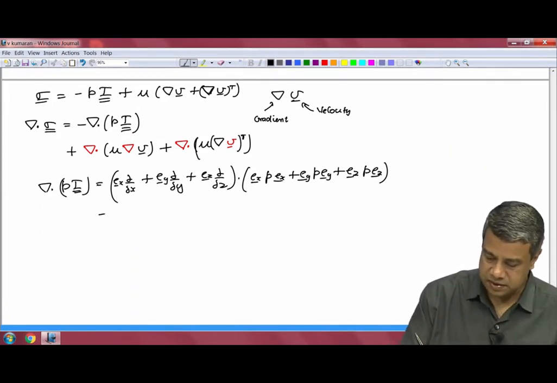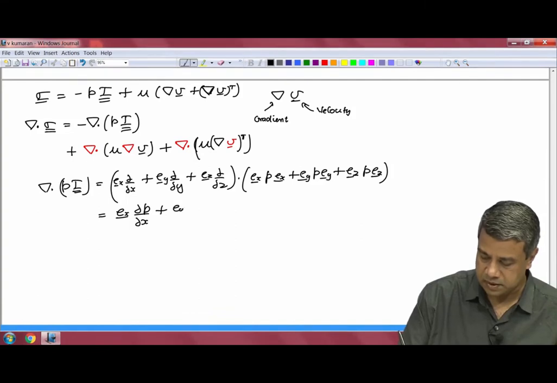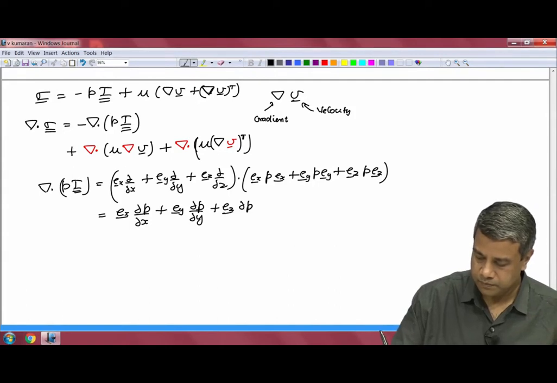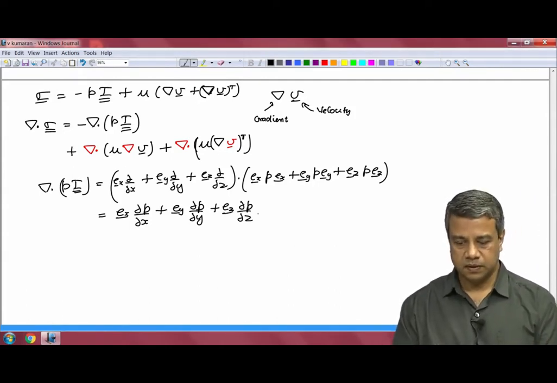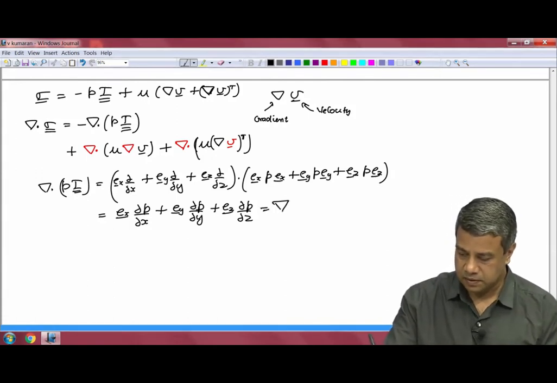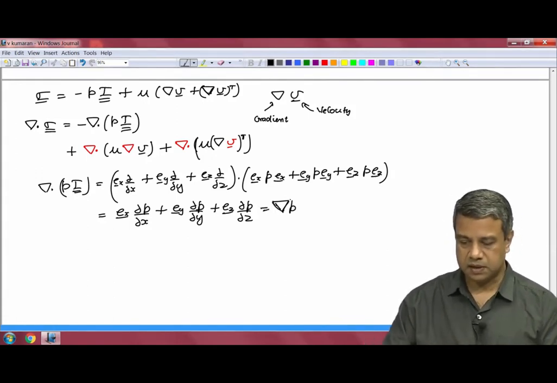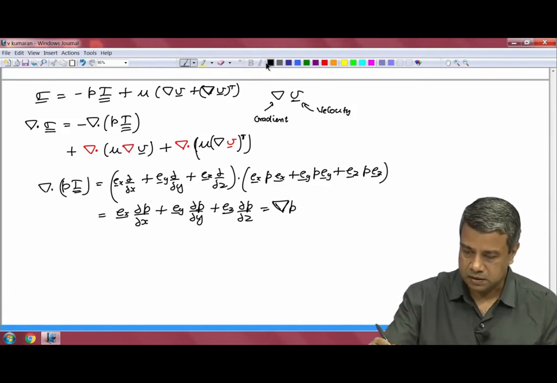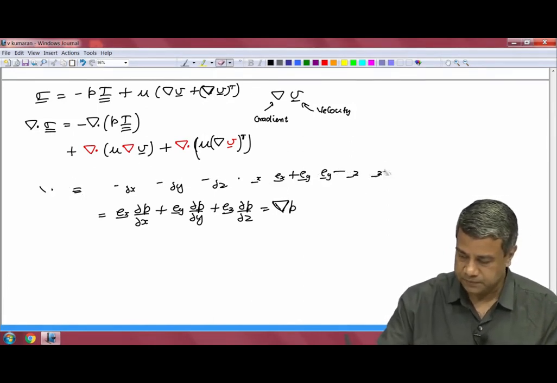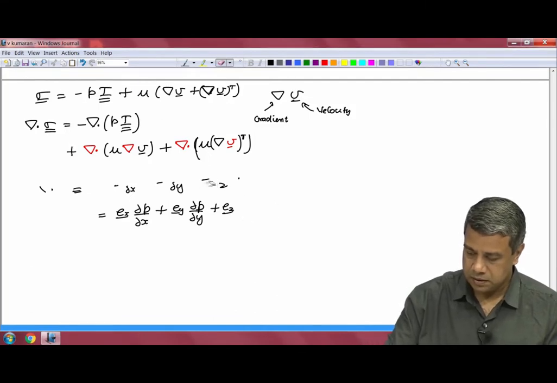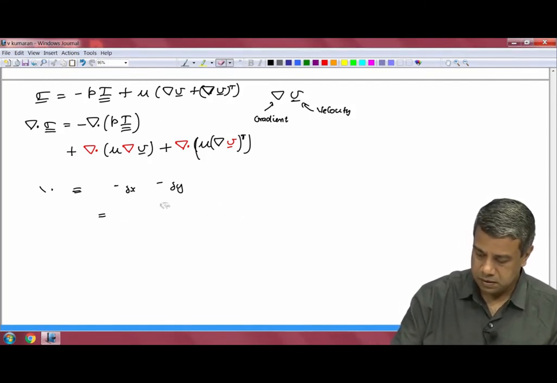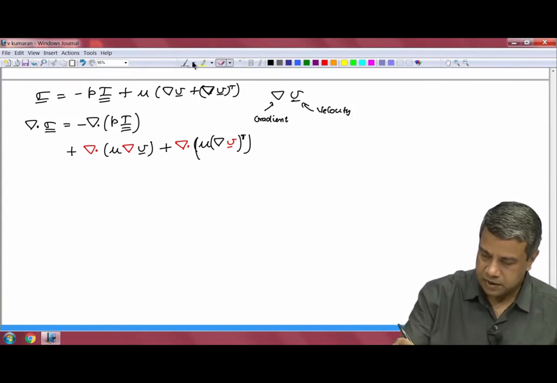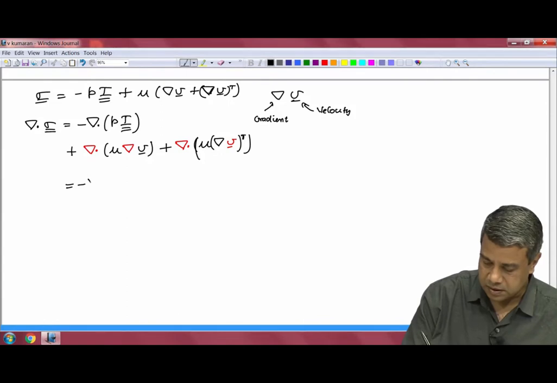You can easily see this will just turn out to be Ex partial p by partial x plus Ey partial p by partial y and so on, so that is just the gradient of the pressure. Ex, Ey, Ez are independent of position. So, if you just take the dot product and simplify it, this is what you will get. So, the first term is just equal to minus the gradient of the pressure.